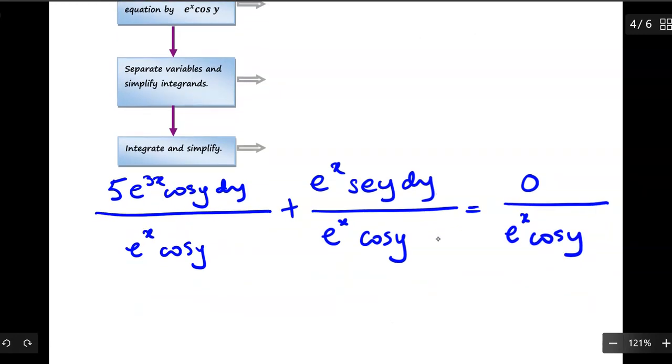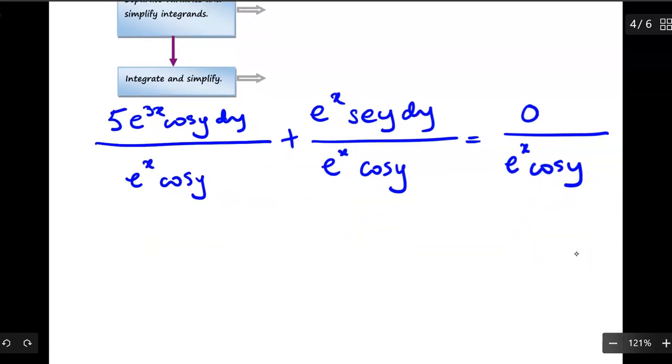Because I need to apply the logical step: if I divide one term by this whole expression, I need to divide every term by this expression so that I don't change anything in this equation. And if I divide 0 by this, it just becomes 0. But still logically we need to write that. Okay, so that cancels with that, and that cancels with that.